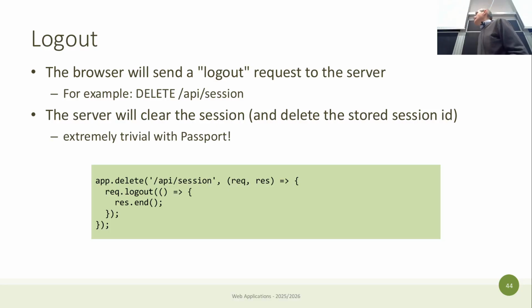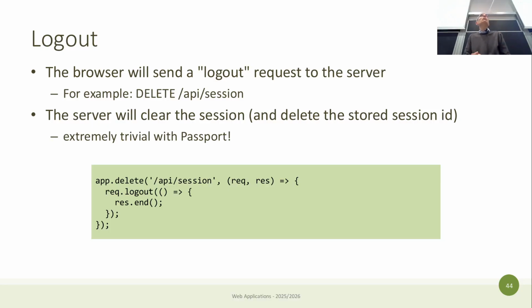So basically the browser says, well, it's already expired, so I delete it. The fact that you still have this ID on the client side might not be so clean in terms of theory, but in practice it has no effect, because it's an ID for something that doesn't exist anymore.